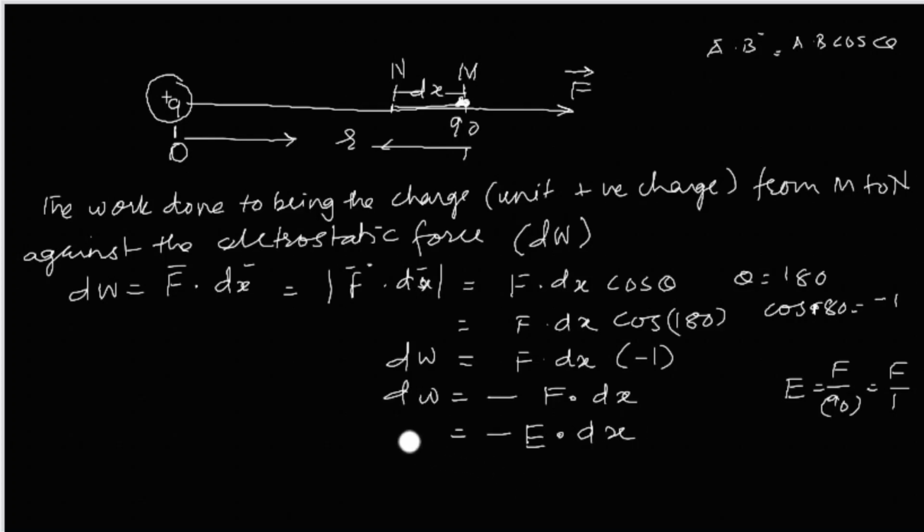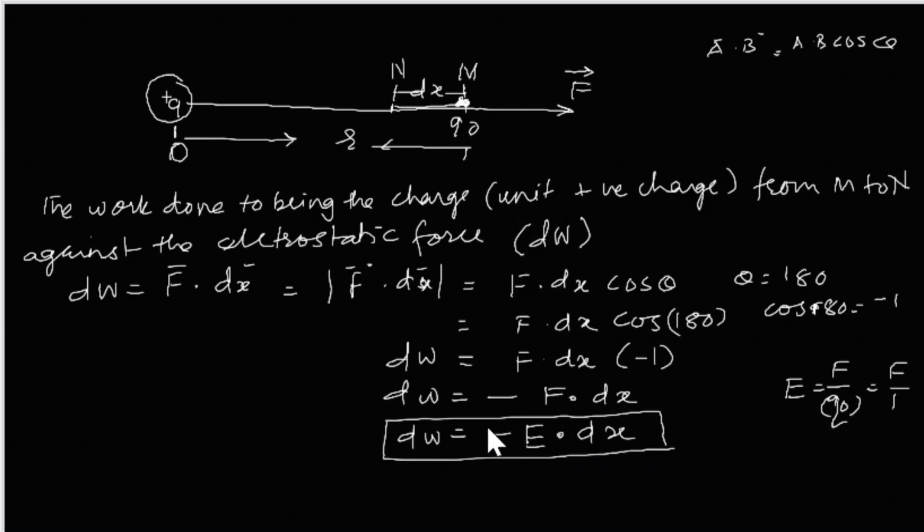Are you getting? So dW now becomes in the form of E, and that is because we are considering Q0 as unit charge. So this becomes 1 and E is equal to F now. Now here we can write dW is equal to minus E into dx.